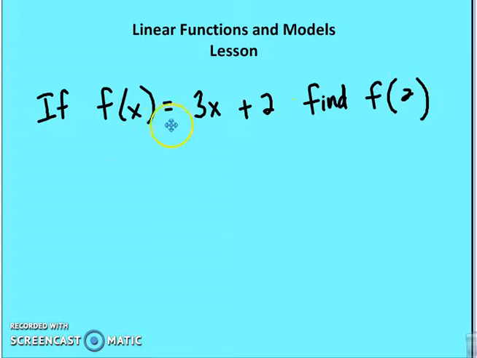So the command here is I have a function where I substitute some value in for x and then solve that function to provide an output which is a value for y, or the function of x.